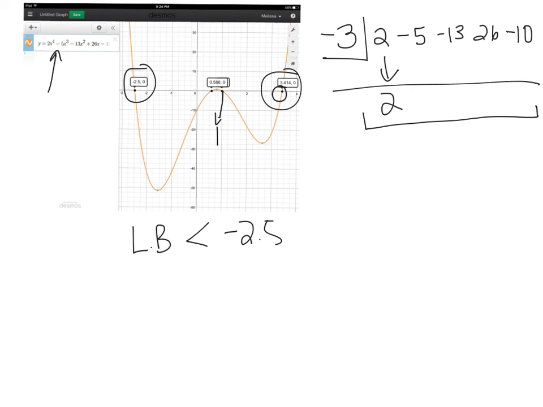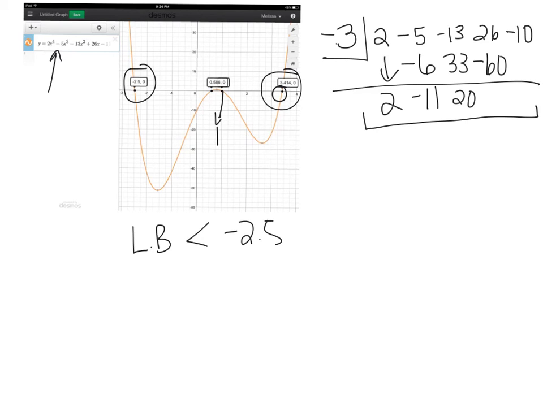So I'll carry down the 2. 2 times negative 3 is negative 6. Add the column, I get negative 11. Negative 11 times negative 3 is positive 33. And 33 plus negative 13 is 20. 20 times negative 3 is negative 60.